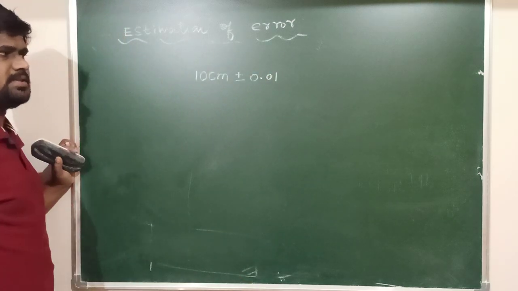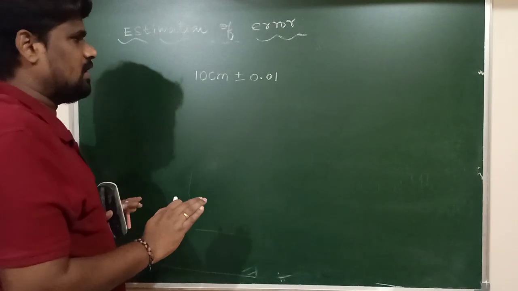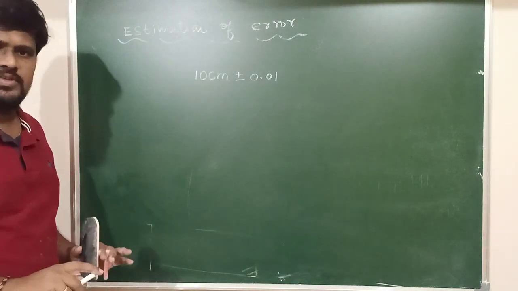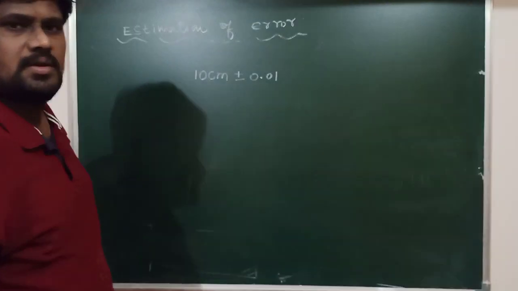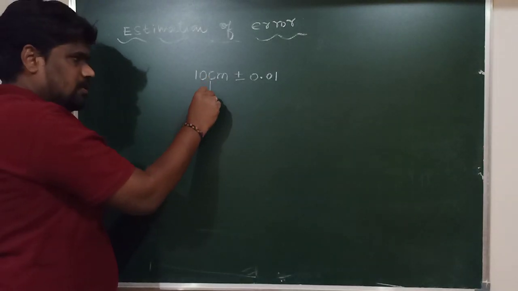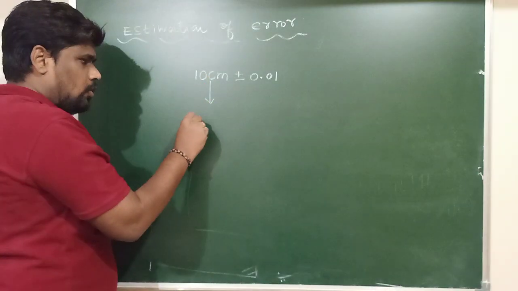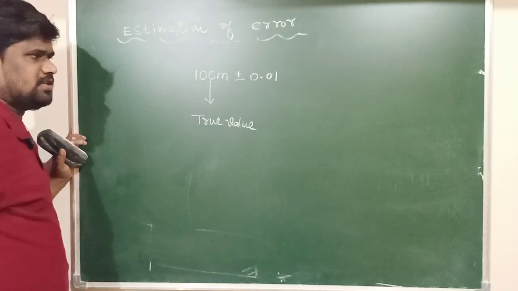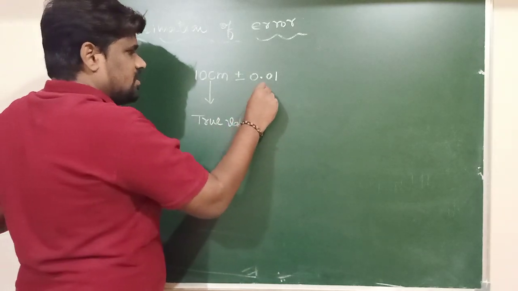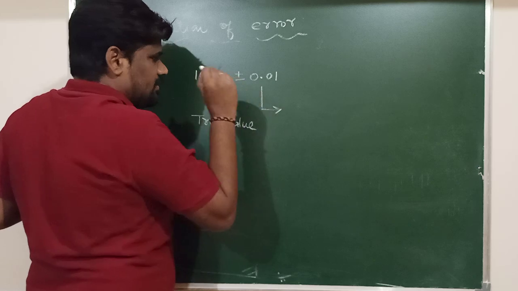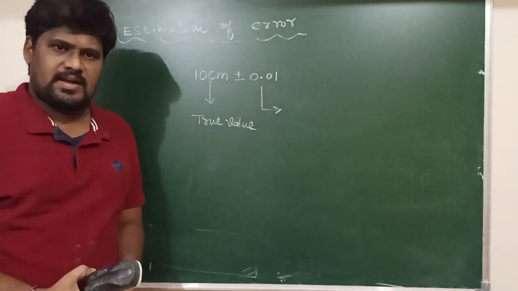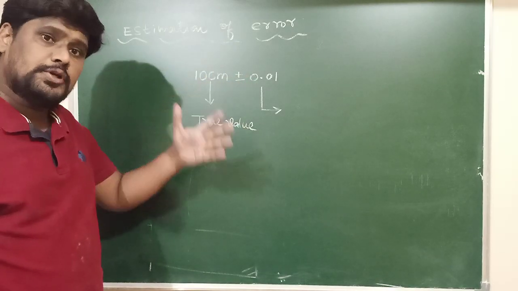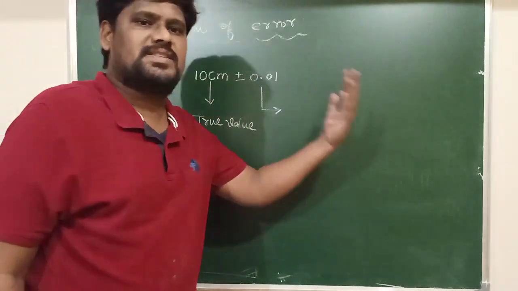The first part of your measurement we call the true value of the measurement, and the next part is an error. What error are you reporting? It may be the absolute error, or else it may be the percentage of error.